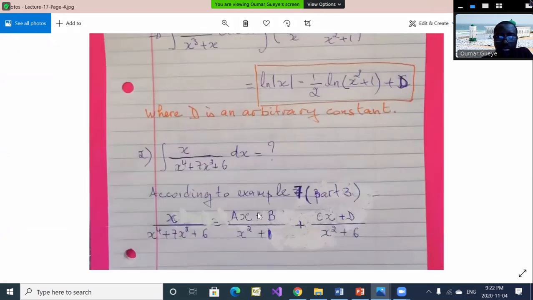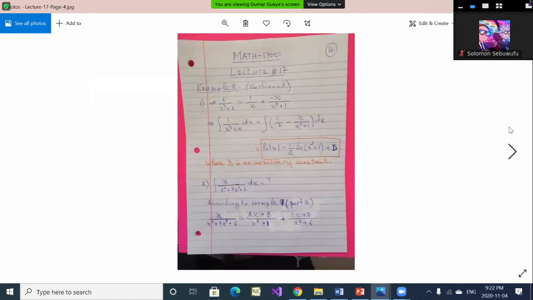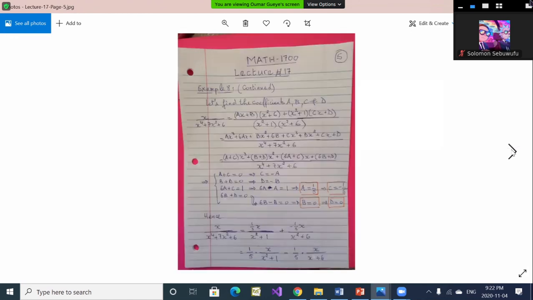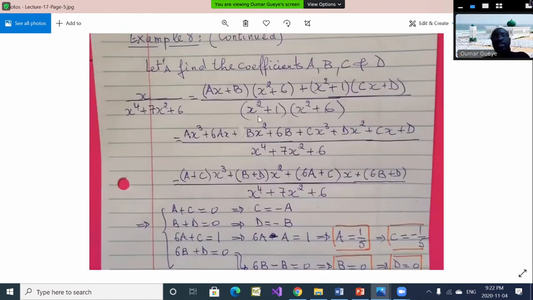Are you done with the partial fractions decomposition? All good? Yes. Now, if you calculate the common denominator, you have to multiply the first numerator with the second denominator and the second numerator with the first denominator.